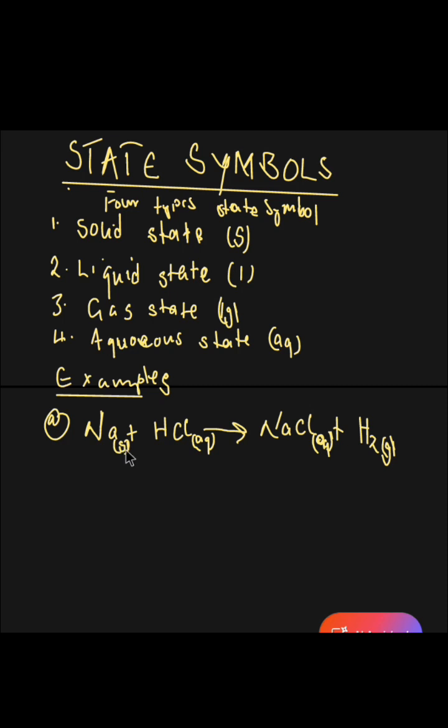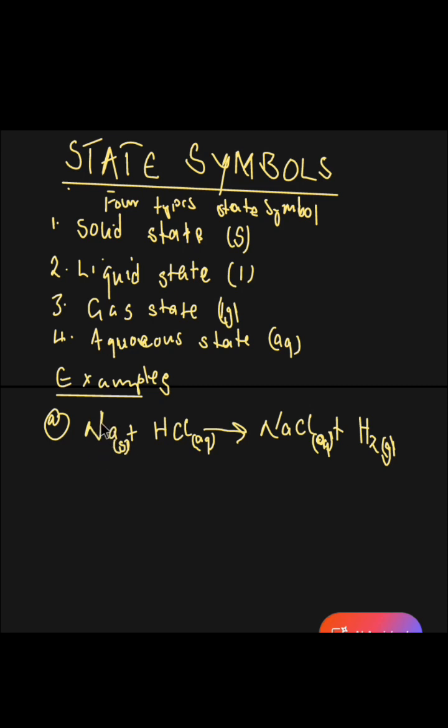So these small letters that are shown in brackets are state symbols. So just by looking at a chemical equation, you should be able to tell in which state it is, whether it is in liquid state, solid state, gas state, or aqueous state.